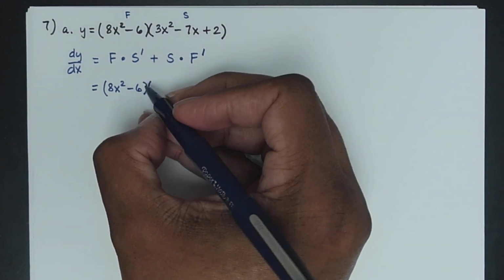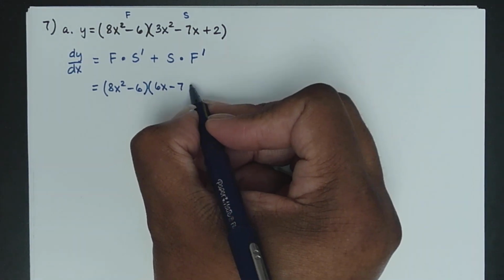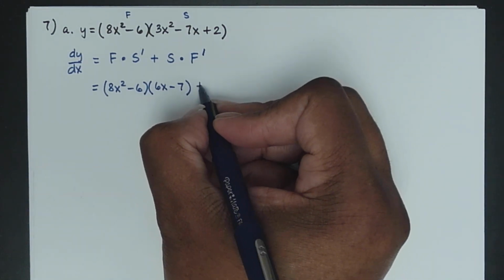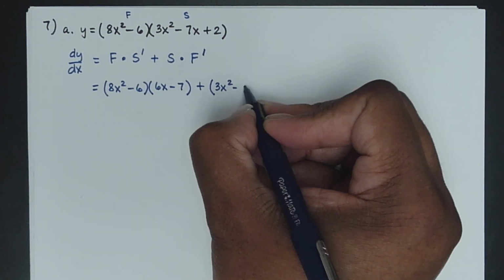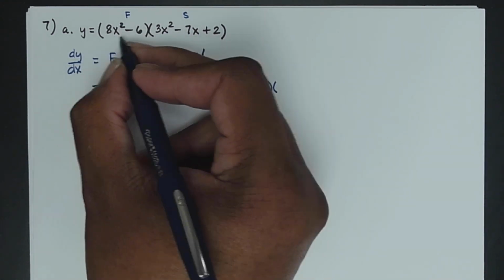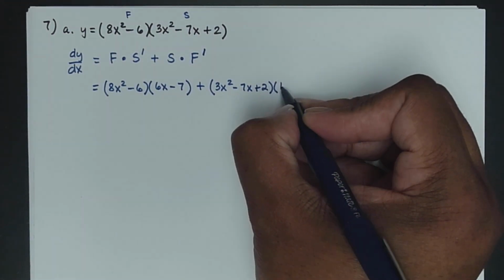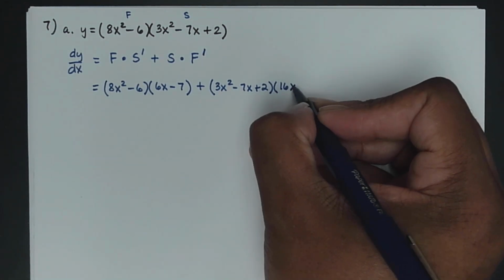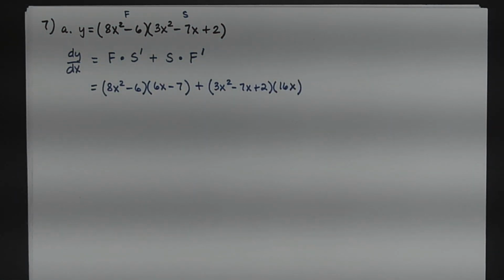The derivative of 3x squared, that will be 6x, minus the derivative of 7x will be 7. And then plus the second, which is that 3x squared minus 7x plus 2, times the derivative of the first. The derivative of 8x squared would be 16x. And of course, the derivative of minus 6 will end up being 0. So that's how we use the product rule here.